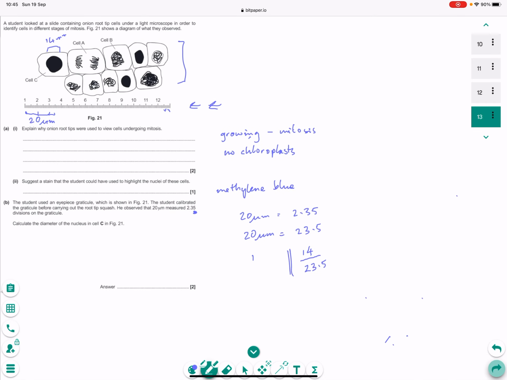That's a more complicated way of saying that this is a bit smaller than this. That's the way to think about it.